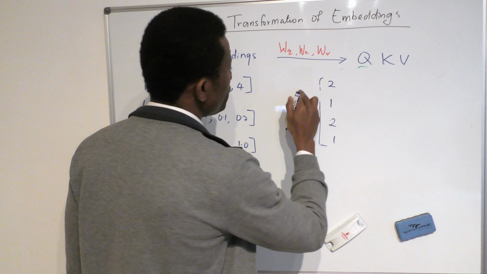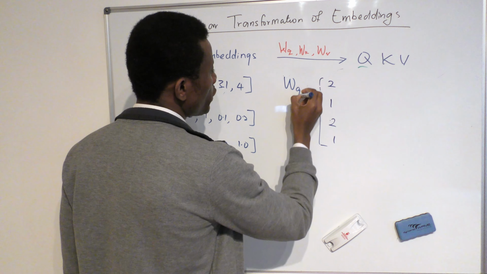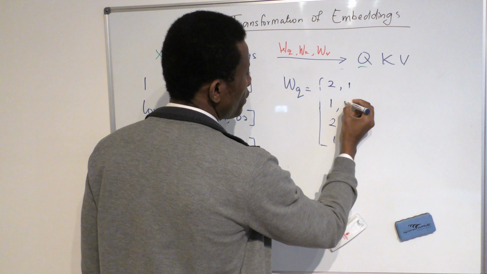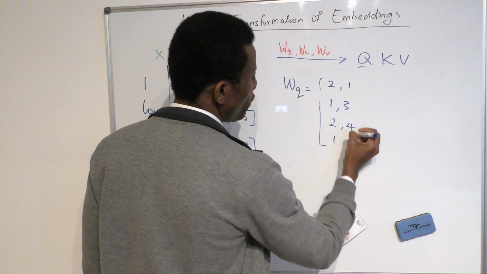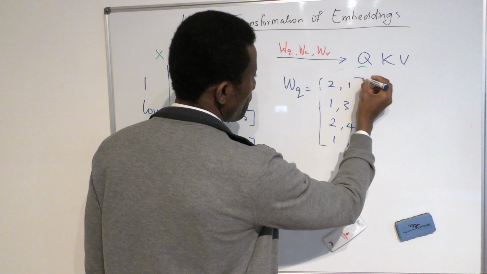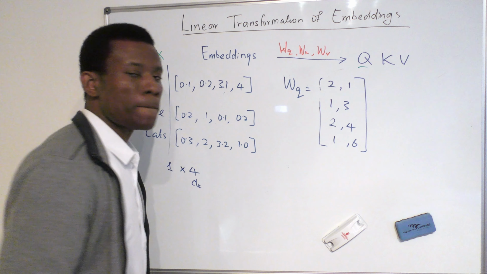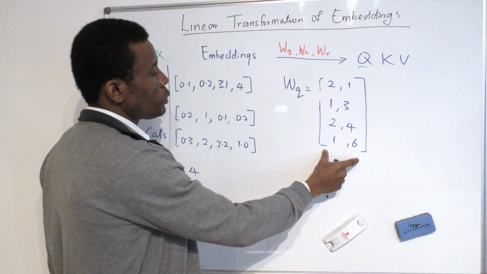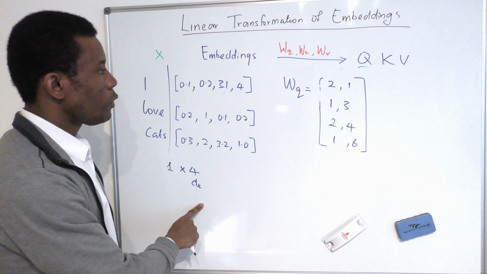So we have, this is WQ, okay, 4 by 2, so 2, 1, 1, 3, 4, 6. So we have 4 by 2, and we have 1 by 4, right?